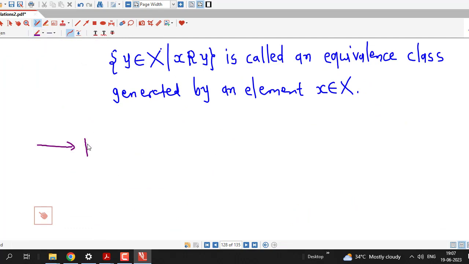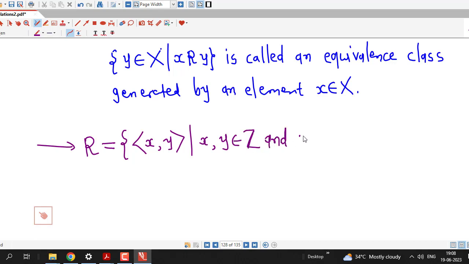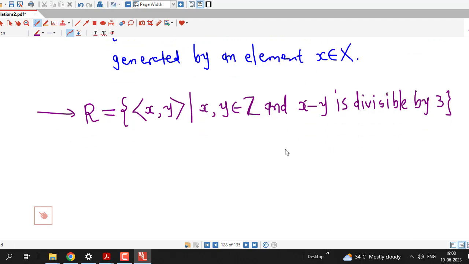We are given that R is the set of all those ordered pairs (x, y) such that x and y are integers and x minus y is divisible by 3, and we can decide the equivalence classes corresponding to this R.